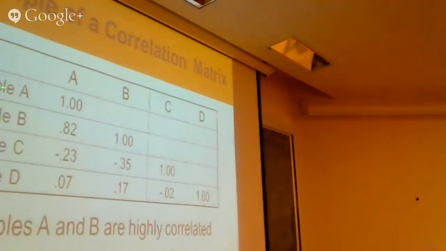You've got all the variables listed here and all the variables listed here, and all you care about is one half of it, because down the diagonal you get the correlation of a variable with itself, which is always going to be 1, and here it's A to B, 0.82, here it's A to C, 0.23, etc. SPSS will give you this side as well, which is exactly the mirror opposite. So if you run a correlation, you'll get a matrix. It's fairly obvious what it is, but sometimes you get confused. What am I looking at here? You're looking at this correlated with that is that. This correlated with that is that.